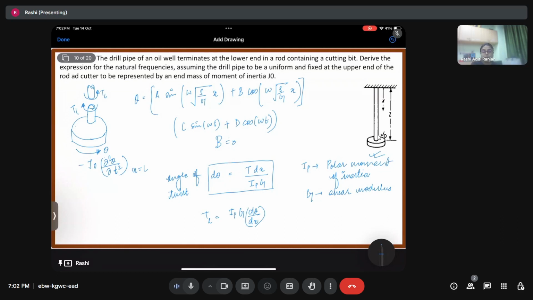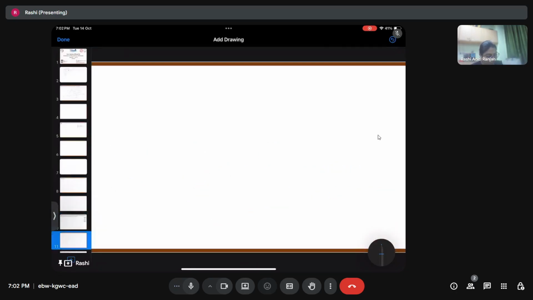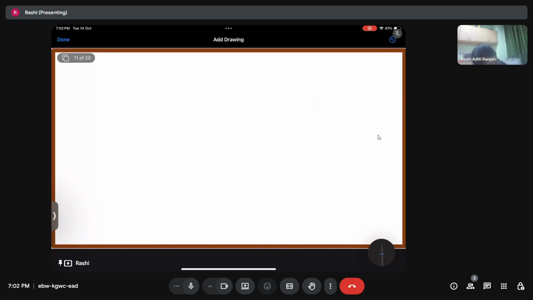Now I have the expression, so I can equate it to the what? Inertia, right? So what is it going to give us? By moment balance, what are we going to get?